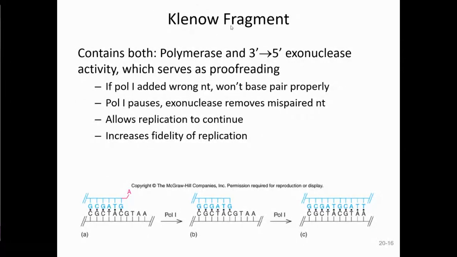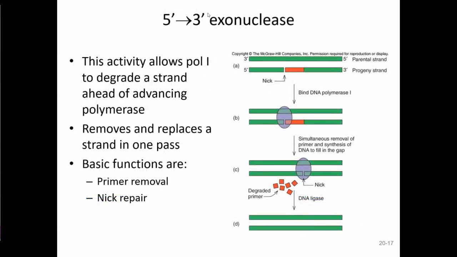But Klenow has a 3' to 5' exonuclease activity, so it can check whether it incorporated the correct nucleotide. If it's the wrong one, it can remove it and put in the correct one, so you can repair the mismatch. That's the Klenow fragment. The 5' to 3' activity is only for POL1, because POL1 can replace the existing nucleotide and put in the new nucleotide.